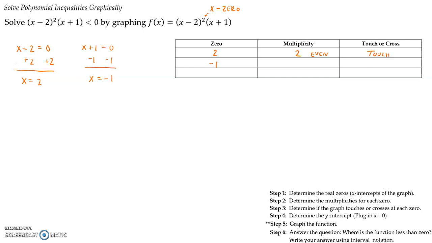If we're looking at the zero of -1, the multiplicity on our set of parentheses here is really a 1, even though it's not written, which is an odd multiplicity. And anytime you have a multiplicity that's odd, your graph should cross at that x value.